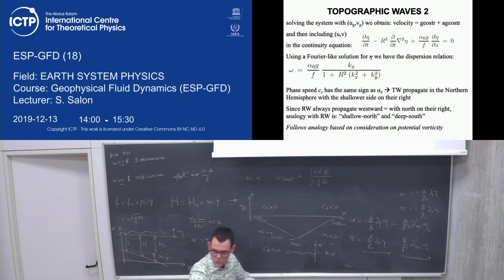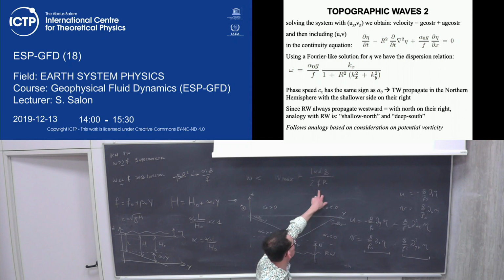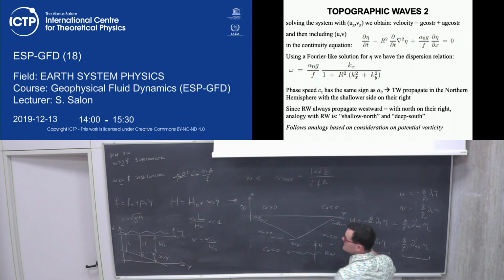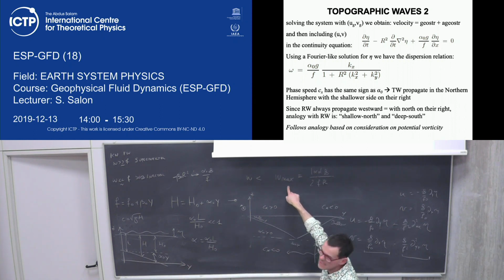Above this limit there are no topographic nor Rossby waves. Of course the value is different. One depends on beta 0, the other depends on alpha 0. That's the modulus of alpha 0, because I want to take only positive values of frequency.